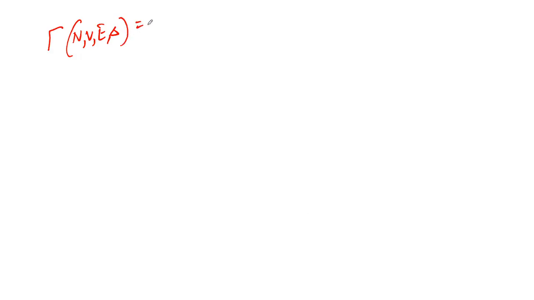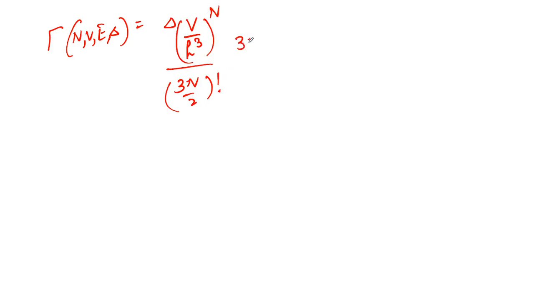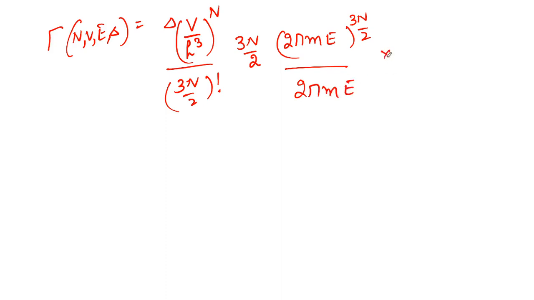comes out to be delta V over h cube raised to power n over 3n by 2 factorial. So 3n by 2, and when we solve this, this equation becomes 2 pi m E raised to 3n by 2 minus 1, and when it comes into the denominator, that is 2 pi m, and this gets cancelled with 2 pi m.